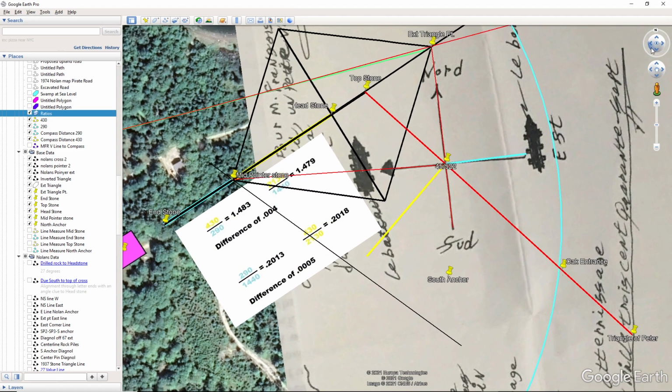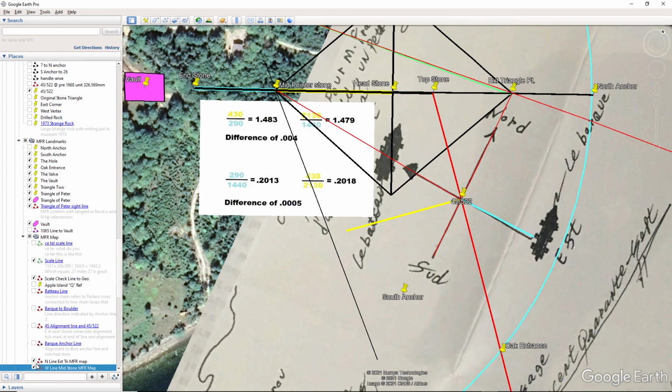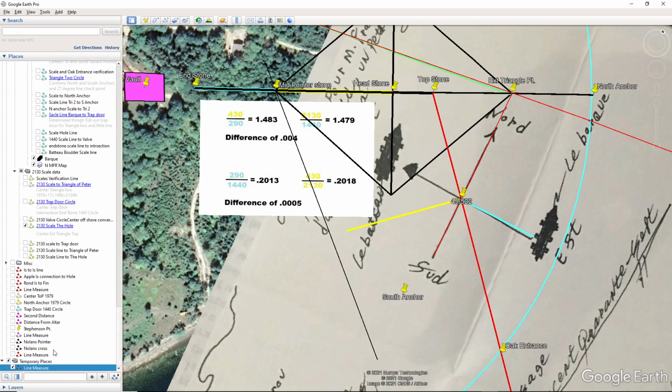These distances are in direct relationship to the bigger distances.